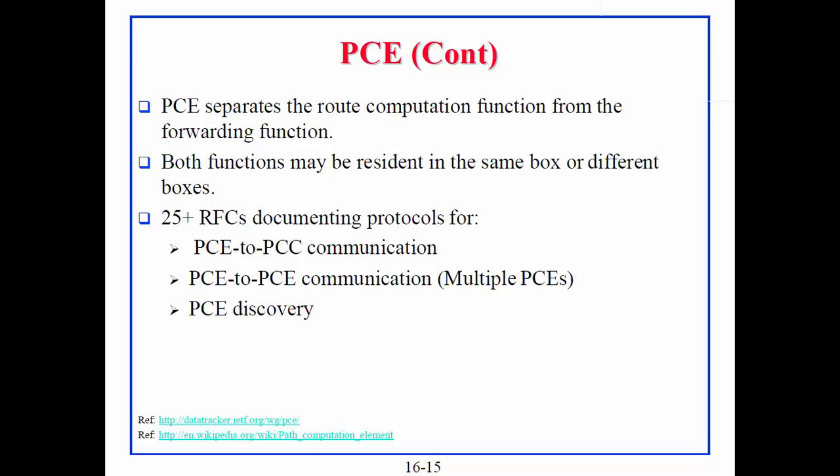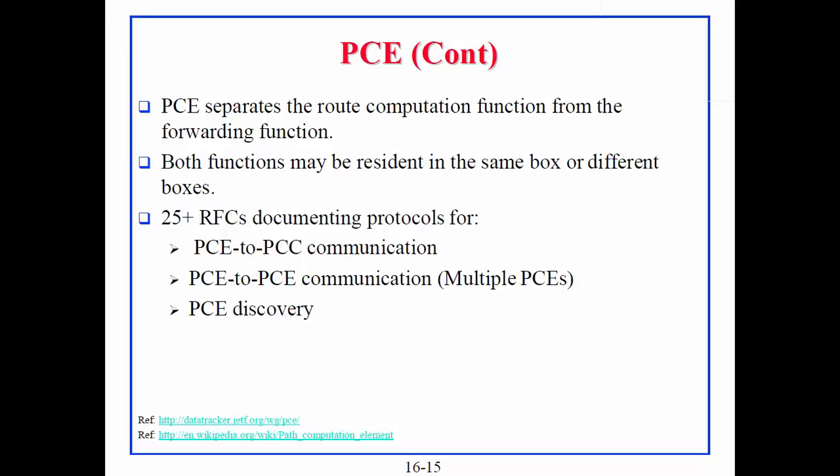Both functions can be resident in the same box or different boxes. Now we tend to think of clients and servers as two different machines, but client and server are basically just two different functions, and these functions can reside anywhere.